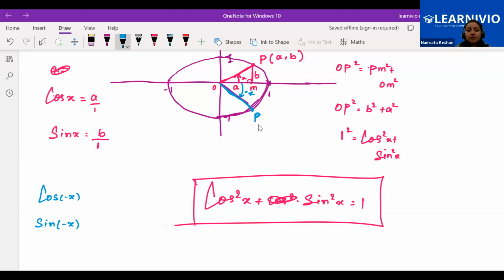Now this is the fourth quadrant. First quadrant, second quadrant, third quadrant, fourth quadrant. In this quadrant, if we want to take the same A and B, can you tell me whether A will be positive or negative? Will the X coordinate be positive or negative in the fourth quadrant?